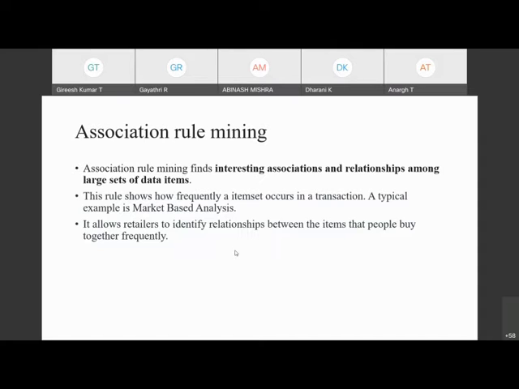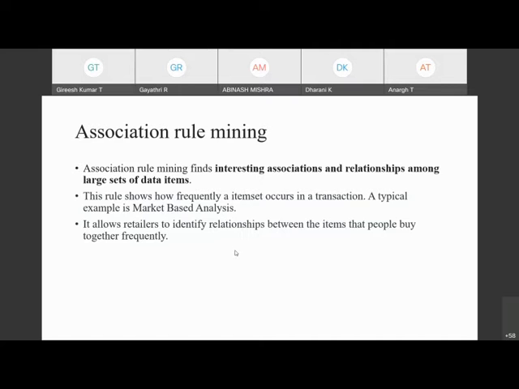What is the importance of finding such a relationship? In the data mining concept, once you are able to find relationships among the attributes, mining the data will be easy.